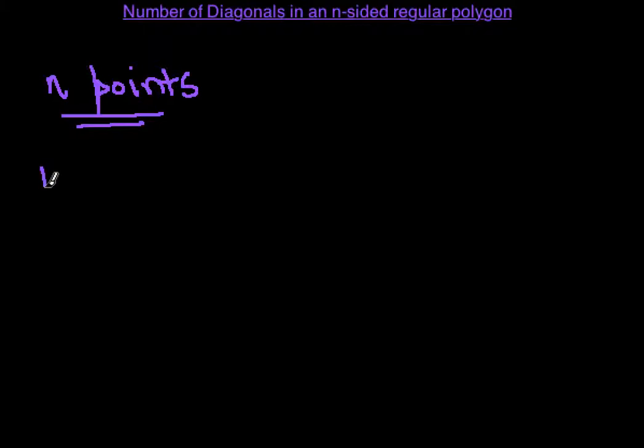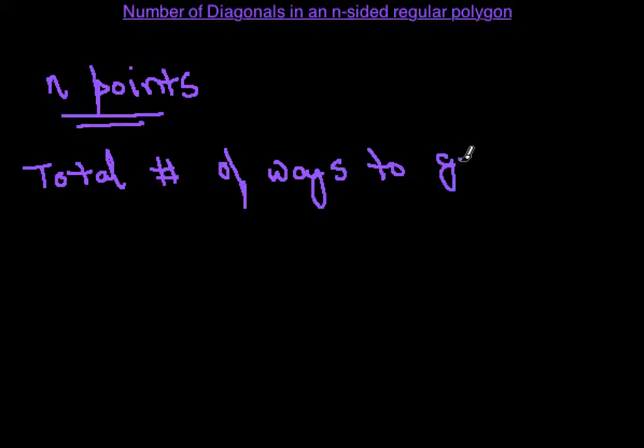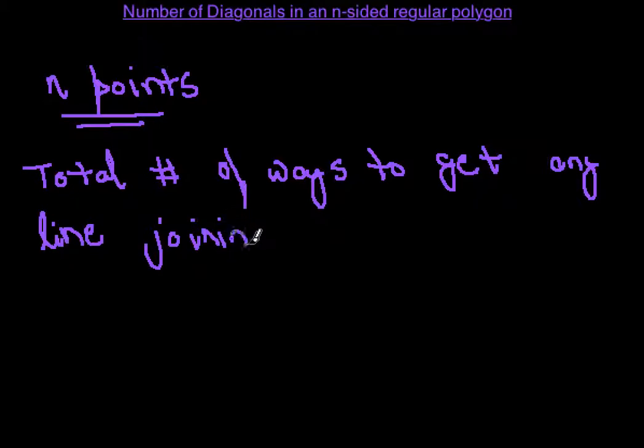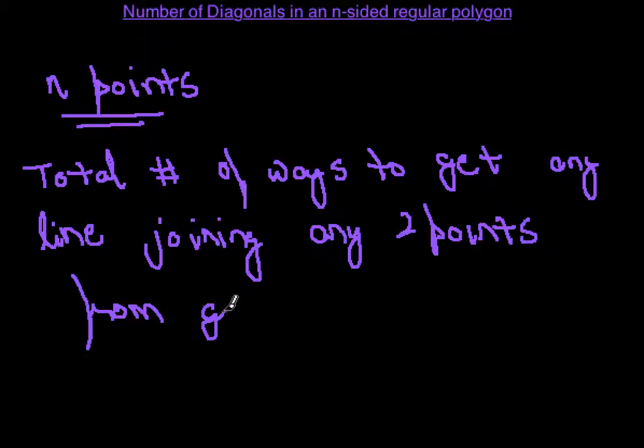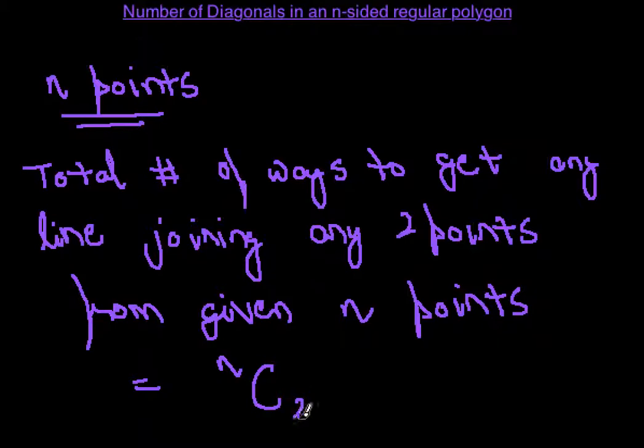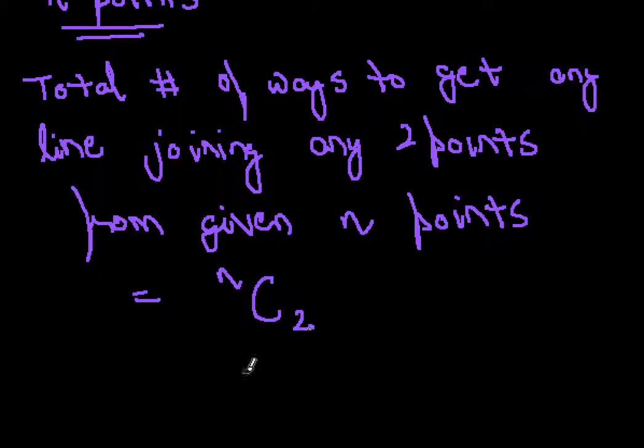Now the total number of ways to get any line joining any 2 points from these given endpoints would be nothing but nC2, and from this nC2 we have n sides.